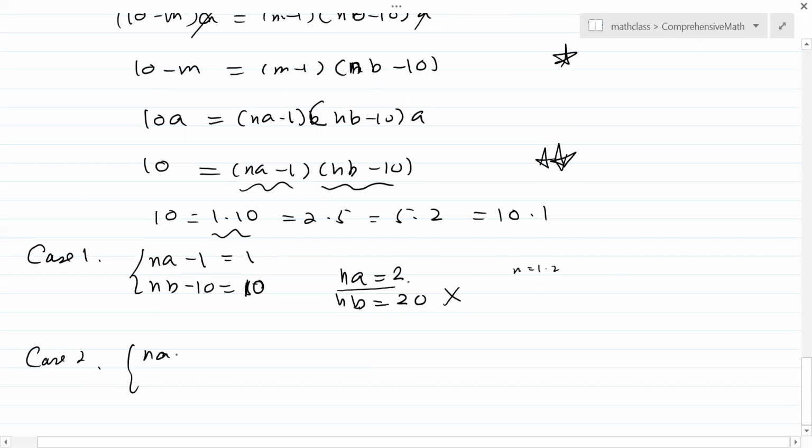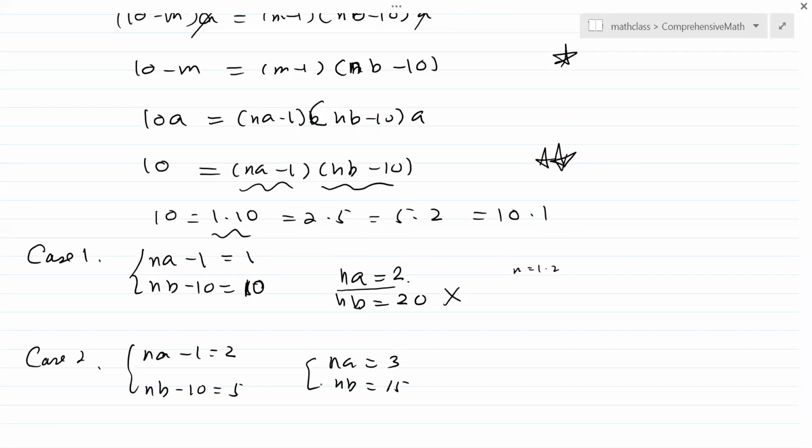Case 2: na minus 1 equals 2, and nb minus 10 equals 5. So that implies na equals 3, and nb equals 15. So from here, how many solutions can you get?